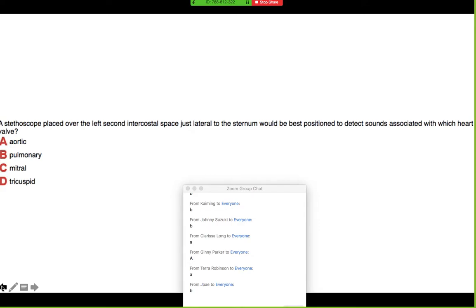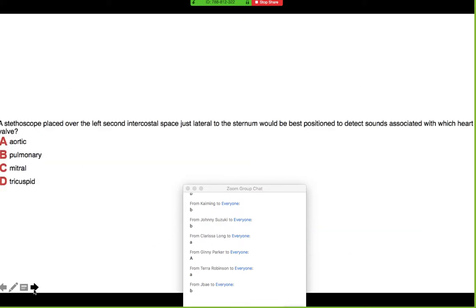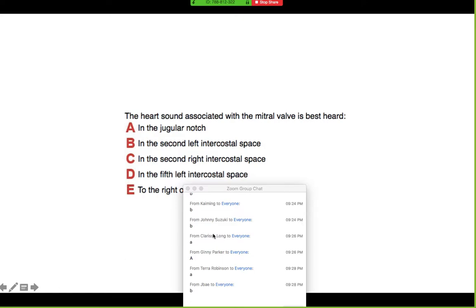So the answer to this is going to be B, so left second intercostal space. So if you use PAMT, you have to go left, more right. Does that make sense? So the answer to this one is going to be B, pulmonary.